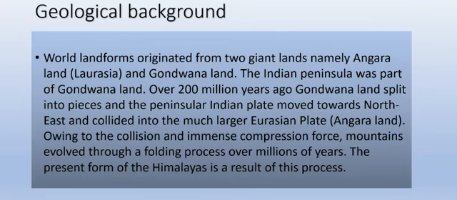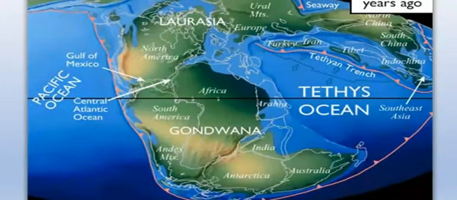You can see in this picture there is a central line drawn, that is the equator. The northern part is called Laurasia, and the southern part of the old world landforms is Gondwana. Another name for Laurasia is Angara land. Our country, the Indian Peninsula, is a part of Gondwana land.